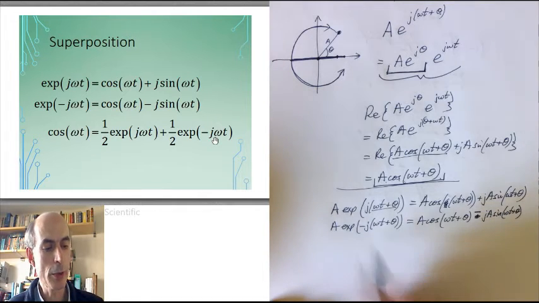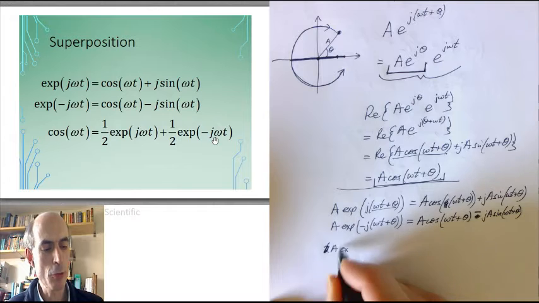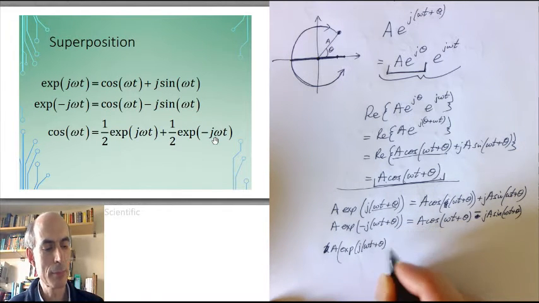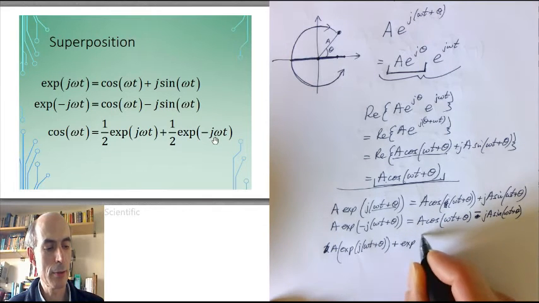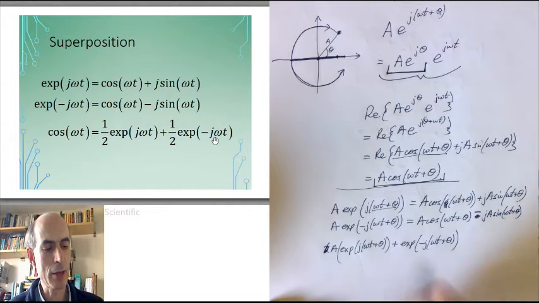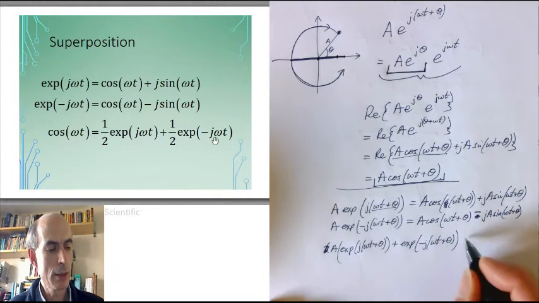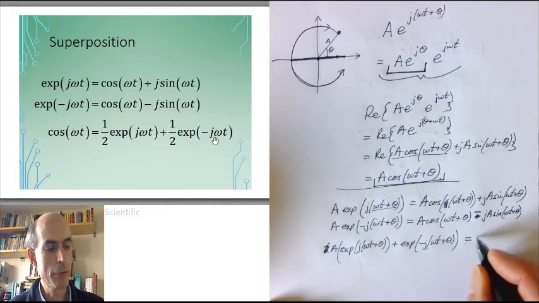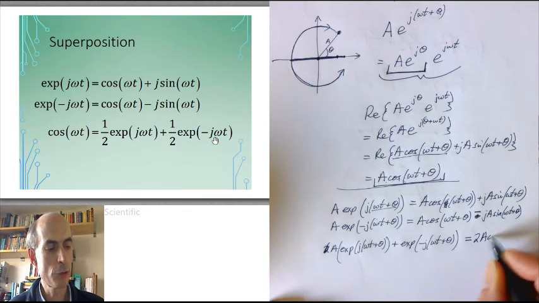Add up these two equations, we get A exponent j (omega t plus theta) plus exponent minus j (omega t plus theta), that's adding up these two terms, equals, adding up these two terms on this side, the sine terms would cancel, we'd be left with 2A cosine (omega t plus theta).